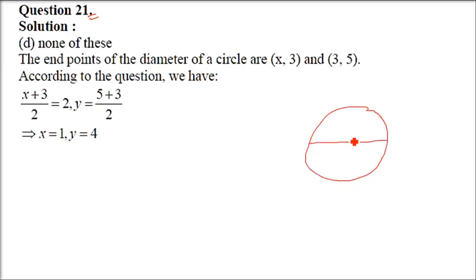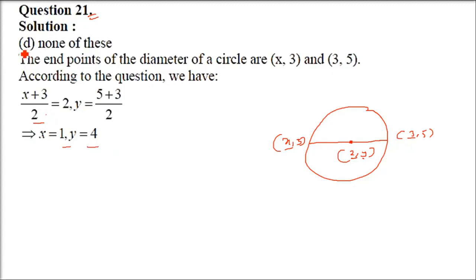The extremities are (x, 3) and (3, 5), and the center is (2, y). So (x + 3)/2 is 2, and (3 + 5)/2 is y, and you get x as 1 and y as 4.